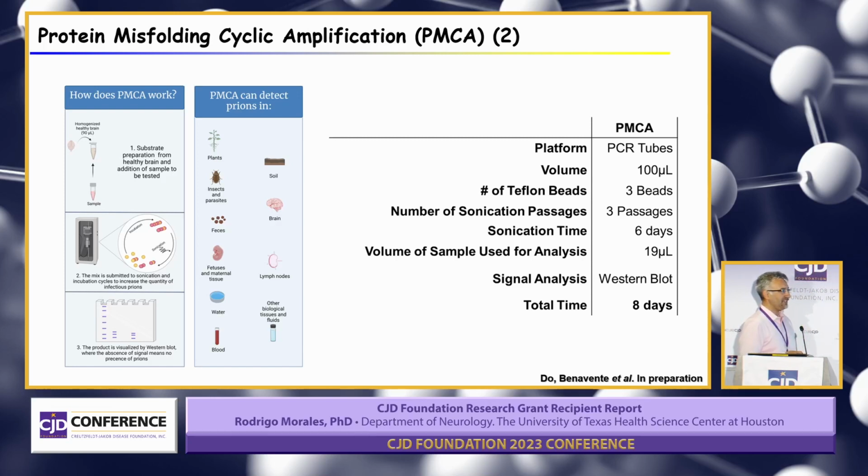It takes around 6 days in total for the 3 passages of PMCA to increase sensitivity, as Dr. Barria showed before, and the total time is around 8 days. So PMCA can be used for the screening of multiple samples. However, it's again not practical to screen a large library of compounds.